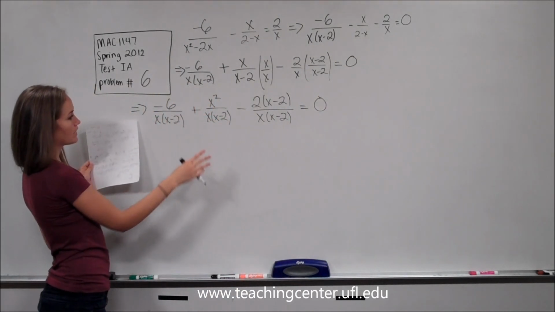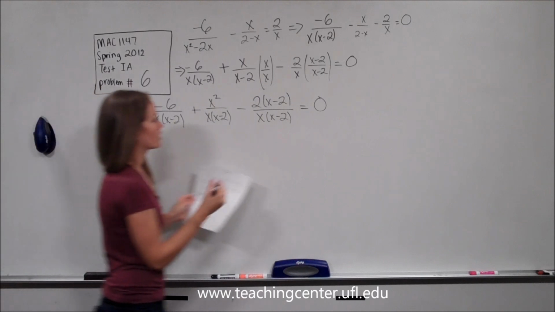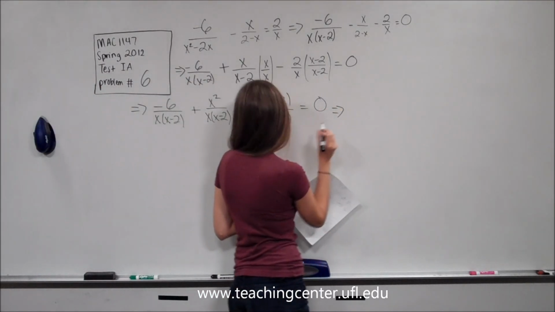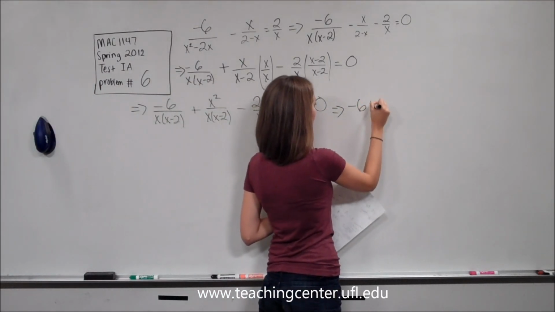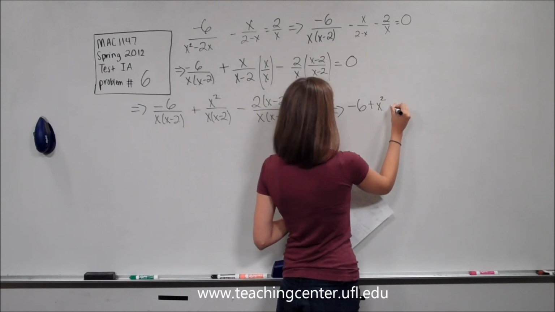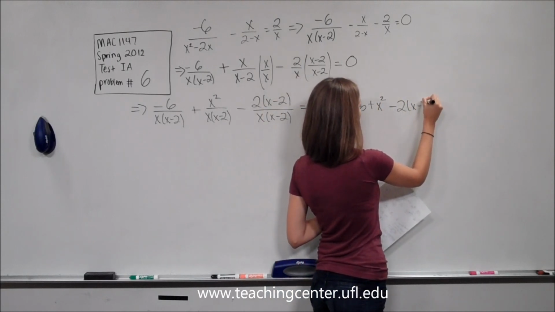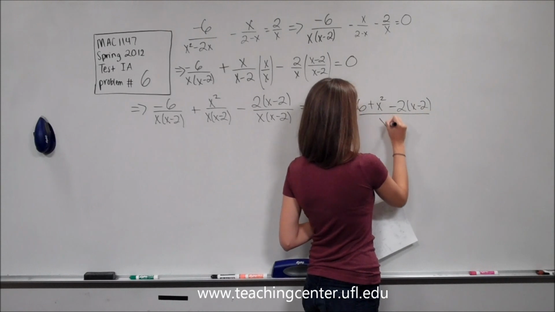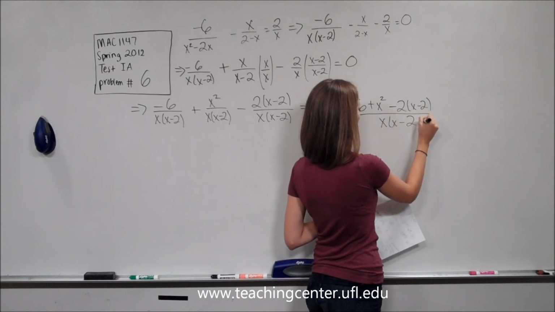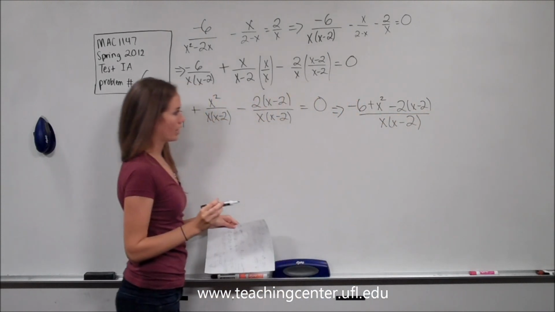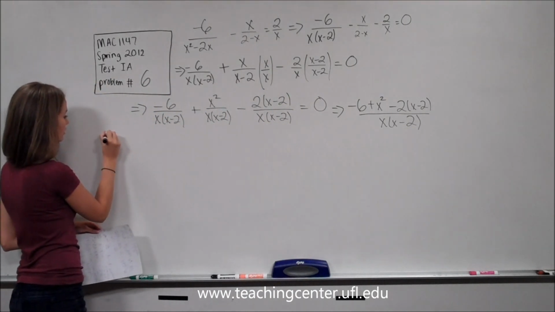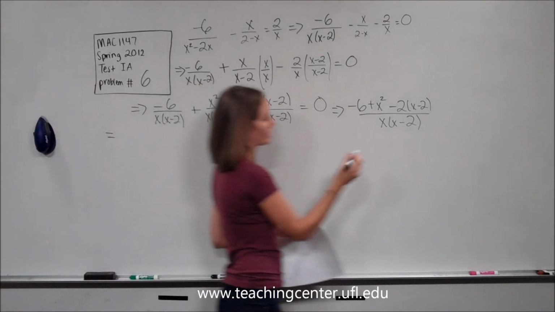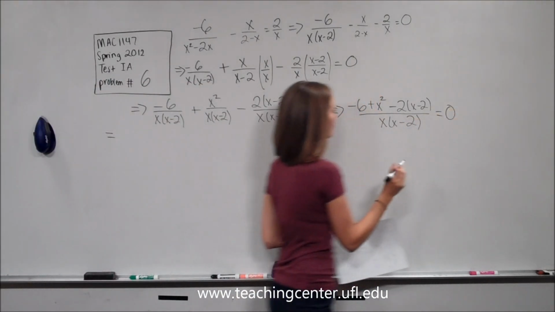And so now we can write this all under one single denominator. And so it turns into -6 plus x squared minus 2 times x minus 2, all over x times x minus 2, and that again is all equal to 0.